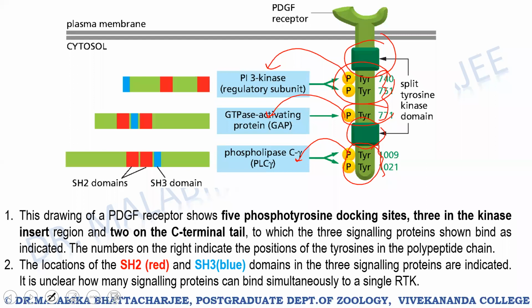So depending on which tyrosine residues are phosphorylated, the message is received by three different sets of signaling pathways and three different sets of signaling molecules. So it is important which tyrosine residue outside the catalytic domain is phosphorylated for these receptors, and accordingly that particular signaling pathway starts.